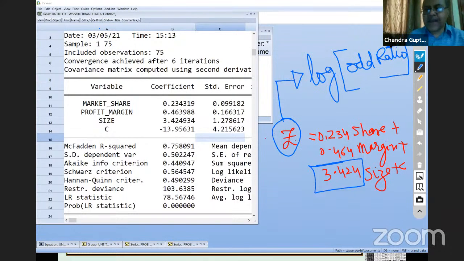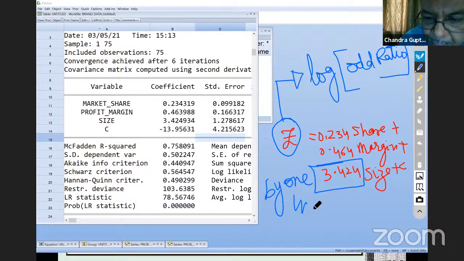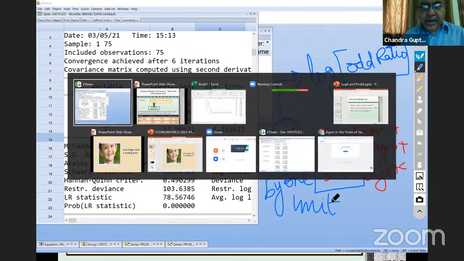So if my size increases by 1 unit, then the log of odds ratio will change by 3.424. That is the interpretation of my beta. Is that interpretation clear?